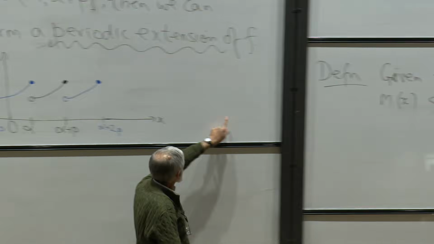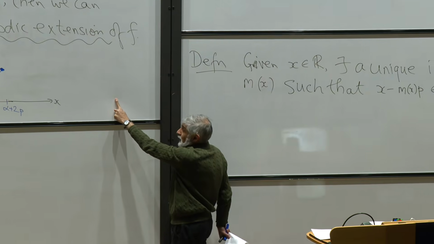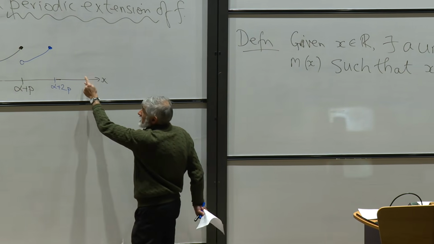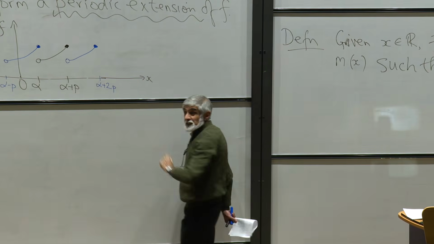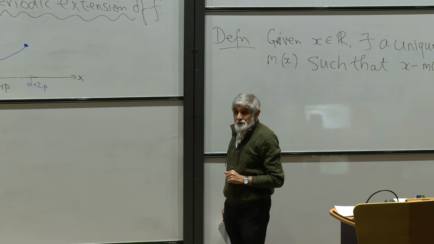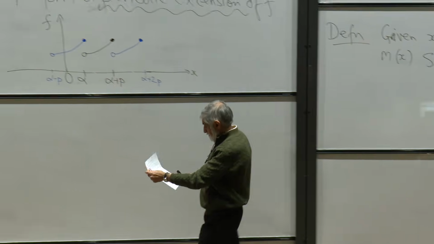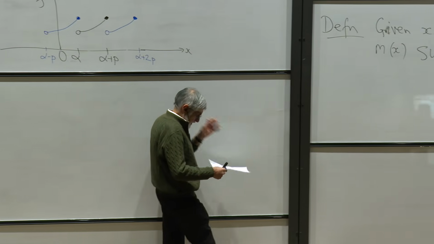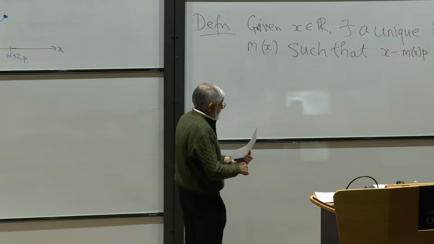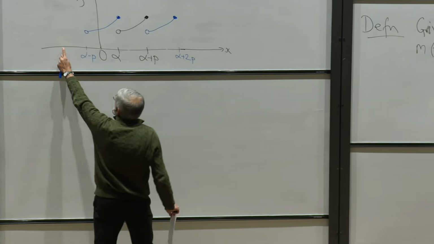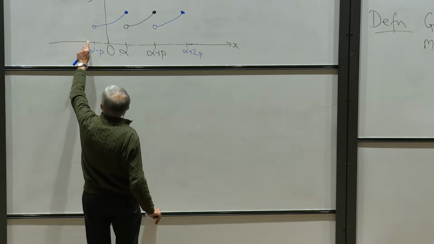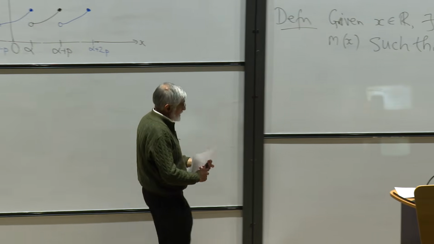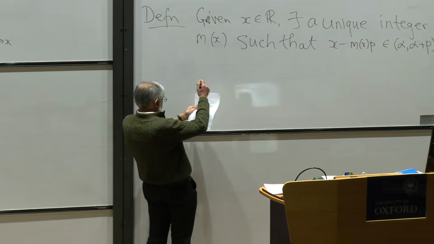Suppose my x was away over here, then I would go minus 1p, minus 2p, minus 3, 4, 5. Eventually I would get in there. Okay? And then if I was here, obviously I take negatives, get into there, m being negative.